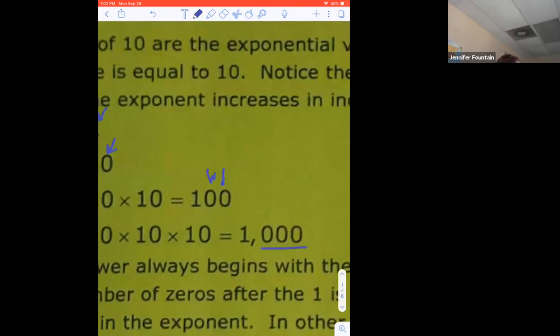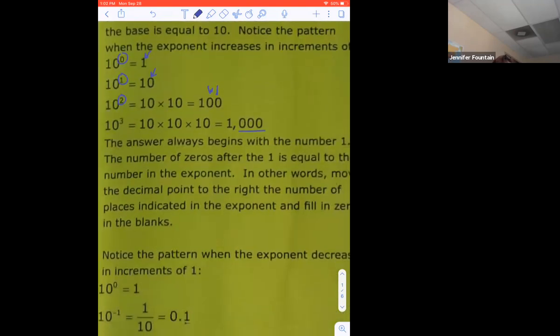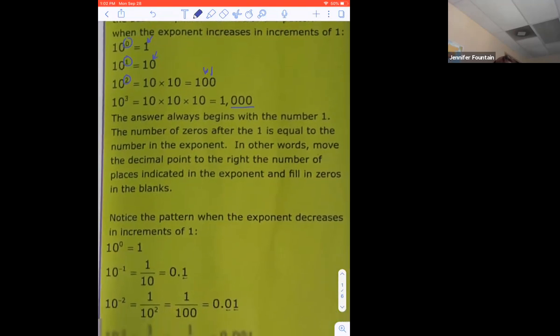So when I'm dealing with powers of 10, I can look at that exponent to know how many zeros are going to follow my 1. It says the answer always begins with the number 1. The number of zeros after the 1 is equal to the number in the exponent. In other words, move the decimal point to the right the number of places indicated in the exponent, and fill in zeros if you need to.